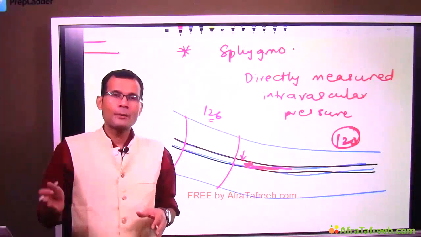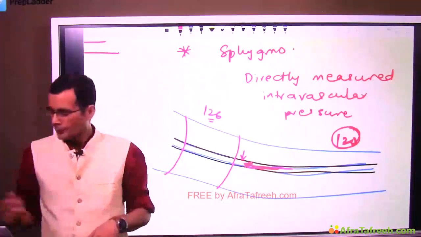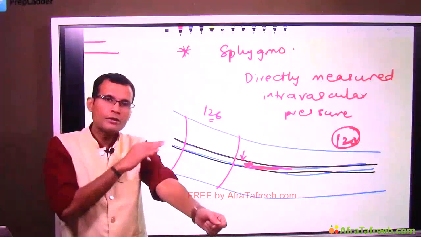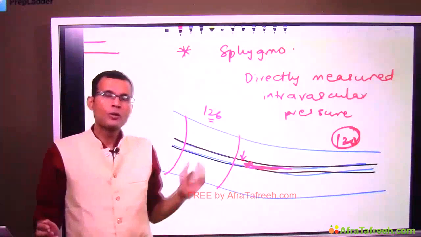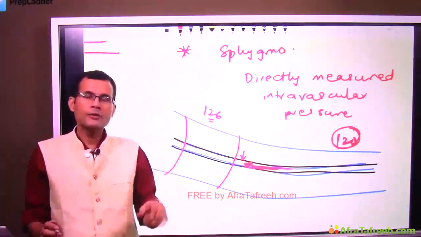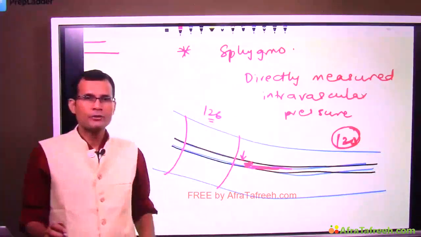So that opposite hypothesis says that the tissue between the skin and the artery will exert 6 to 7 mm of Hg on the artery itself.